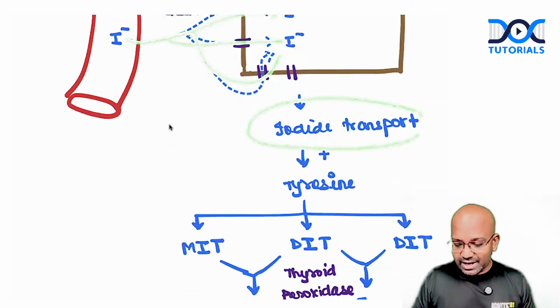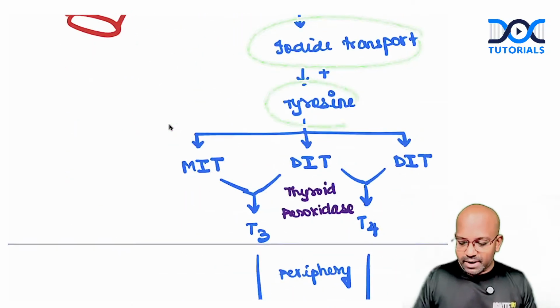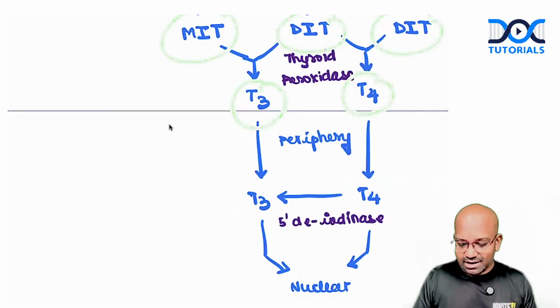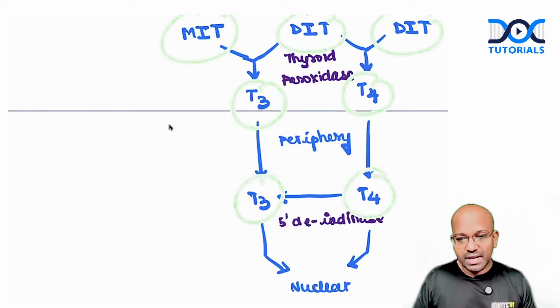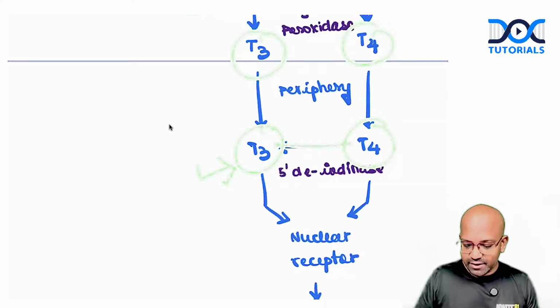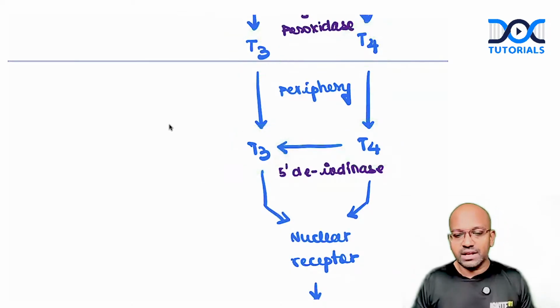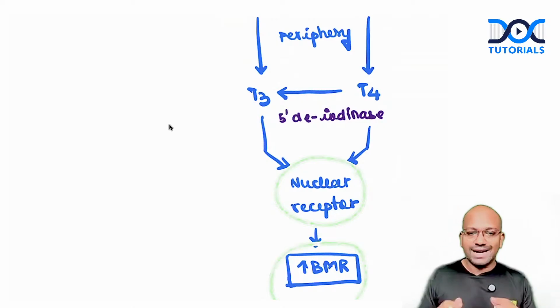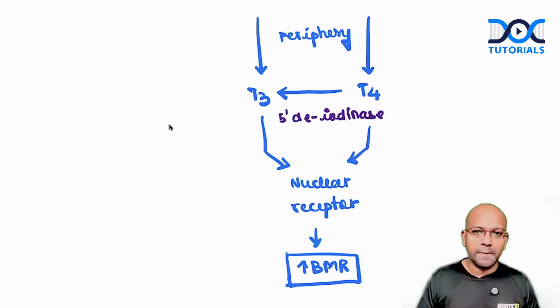This is named iodide transport, and the iodide will bind with tyrosine, forming monoiodotyrosine and diiodotyrosine, which in turn will form T3 and T4, which are released into the periphery. In the periphery, T3 will be more active. That's why there will be conversion of T4 to T3 in the periphery by 5-deiodinase enzyme, and T3 in turn will bind with the nuclear receptor. Thereby, it will produce the thyroid-related functions inside the body.